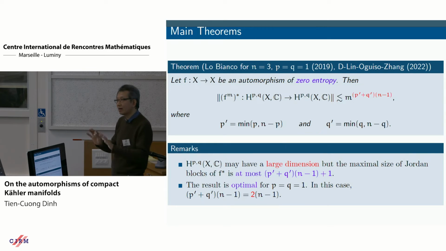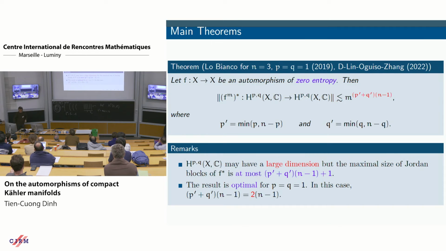You cannot have a bigger Jordan block than that. So for example, if p equals q equals 1, then you obtain this power equal to 2 times (n minus 1), and this is optimal for p equal to q equal to 1. Okay? So this is about one automorphism.